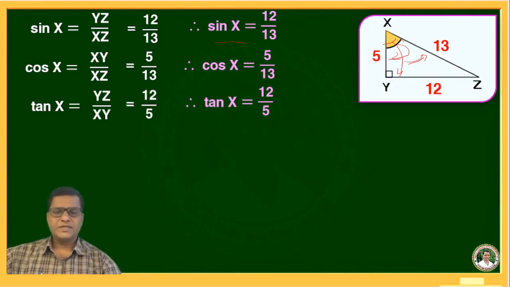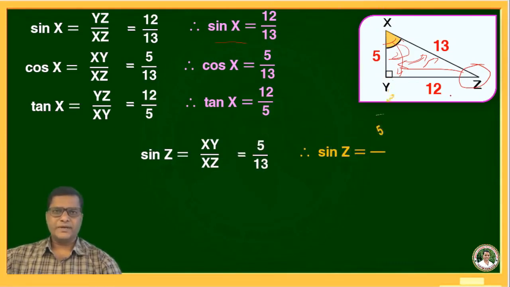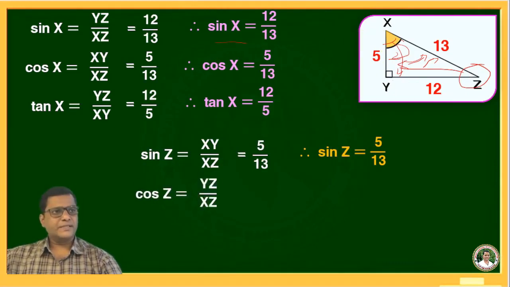Then the next ratio is sin z is equal to XY upon XZ. See that for the sin z ratio, this is angle z. Here opposite side upon the hypotenuse means 5 upon 13. Therefore sin z is equal to 5 upon 13. Then cos z is equal to YZ upon XZ. Cos z is nothing but adjacent side upon hypotenuse, that is 12 upon 13.